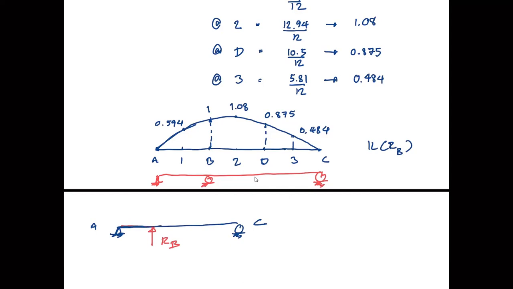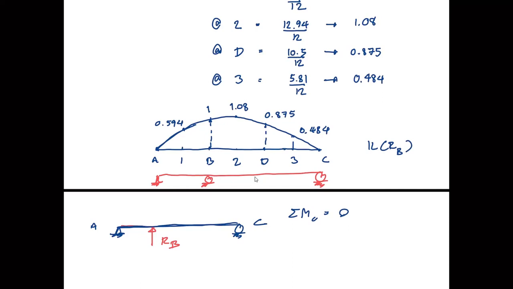I can use sigma MC equal to 0. What's going to be my RA?